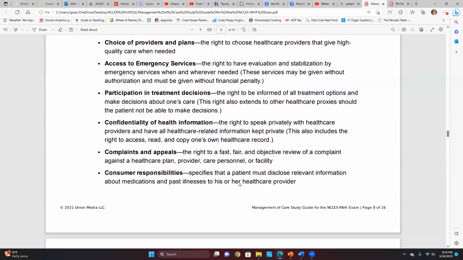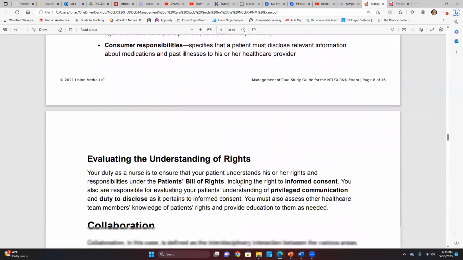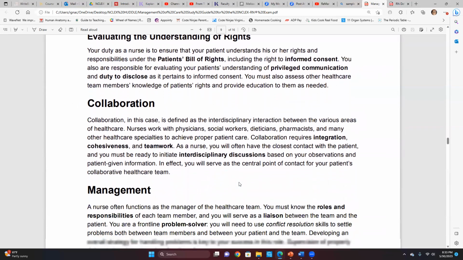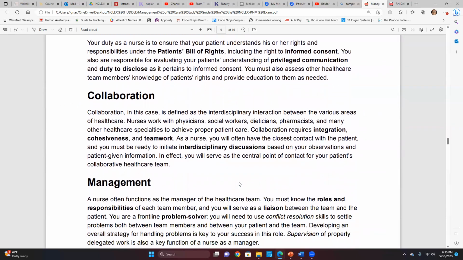Okay. Confidentiality, we talked about that, the Bill of Rights, informed consent. So with informed consent, the nurse is responsible to make sure that the signed informed consent is in the record. If the patient is having a procedure, the doctor is the one to explain the procedure.